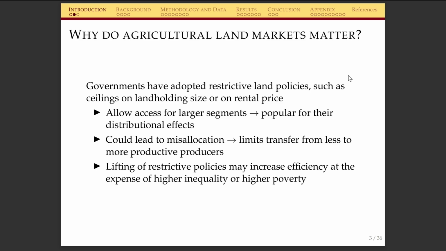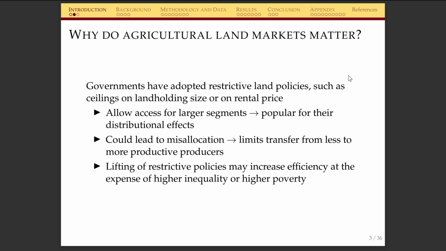And in a lot of cases, as we've seen across different sessions in this conference, governments adopt restrictive land policies such as ceilings on land holding size or on rental price, or bans on land sales. They want to allow access for the largest segments of the population, and such policies have been popular for their distributional effects.